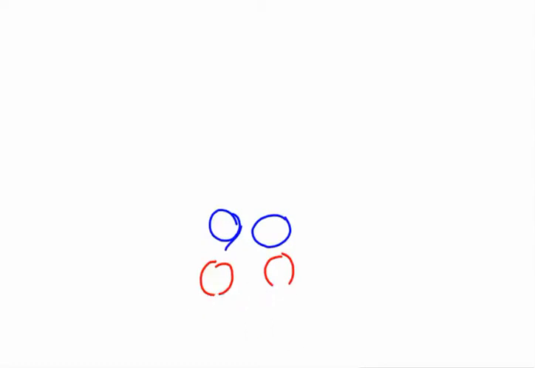So if we have 2 red circles here, and then 2 blue, what should come next? 2 red. Okay.